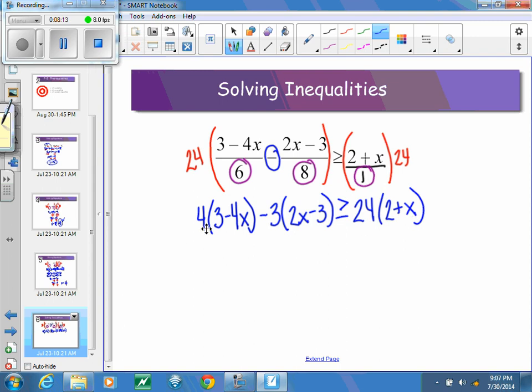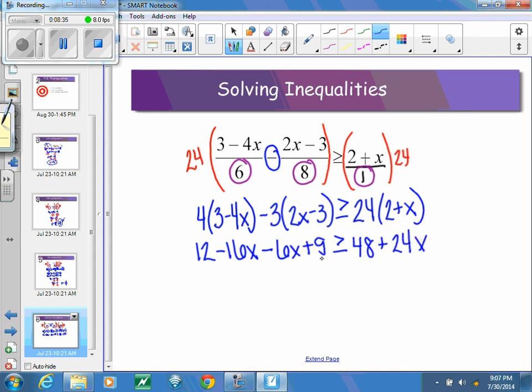Go ahead and use our distributive property. So I have 12 minus 16x minus 6x plus 9, negative 3 times a negative 3, is greater than or equal to 48 plus 24x.